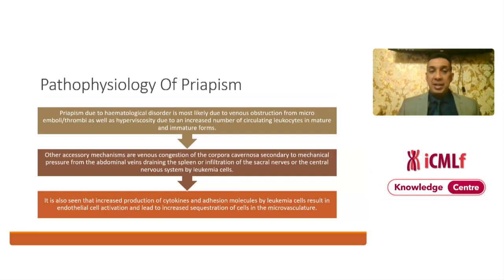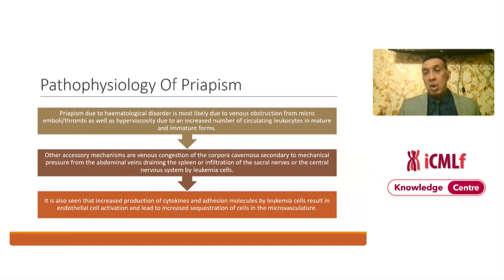Other accessory mechanisms are venous congestion of the corpora cavernosa, secondary to mechanical pressure from the abdominal veins draining the spleen, or infiltration of the sacral nerve or the central nervous system by the leukemic cells.